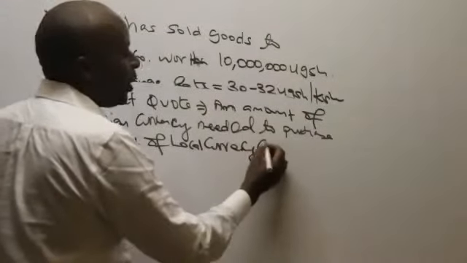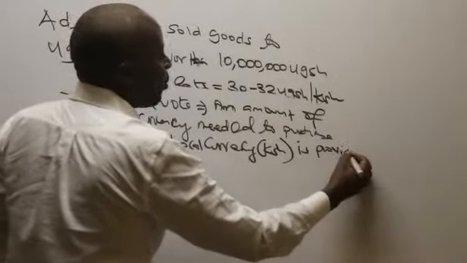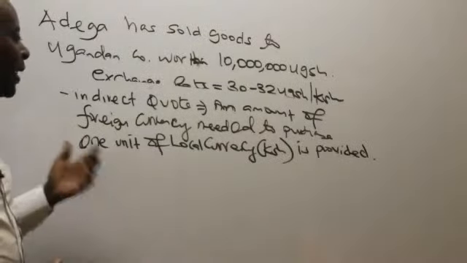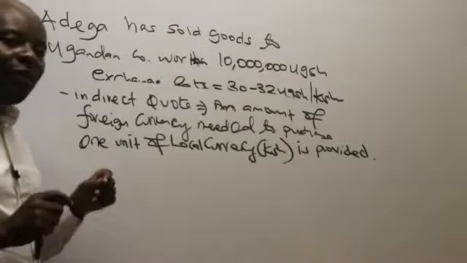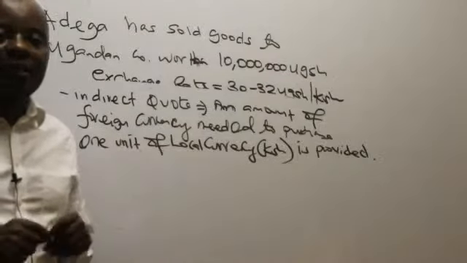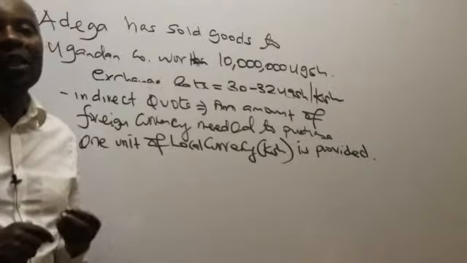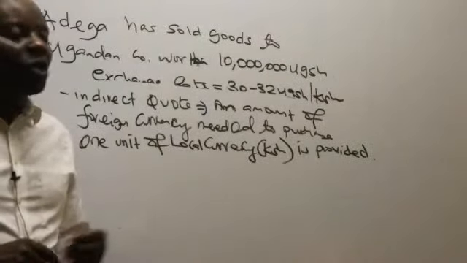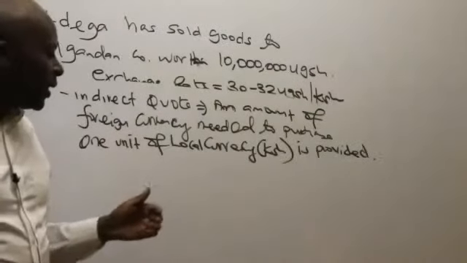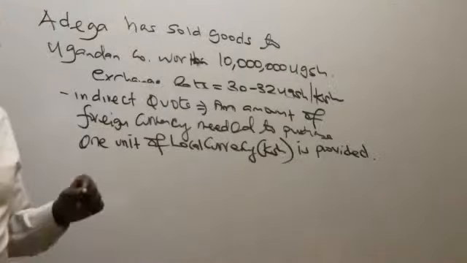Your local currency, if you are Kenyan, like the Kenya shilling. For example, 30 Tanzania shillings needed to procure 1 Kenya shilling. So under indirect quotes, we are given an amount of foreign currency needed to purchase 1 unit of local currency.